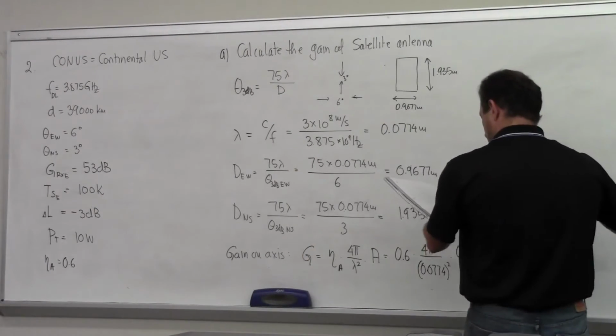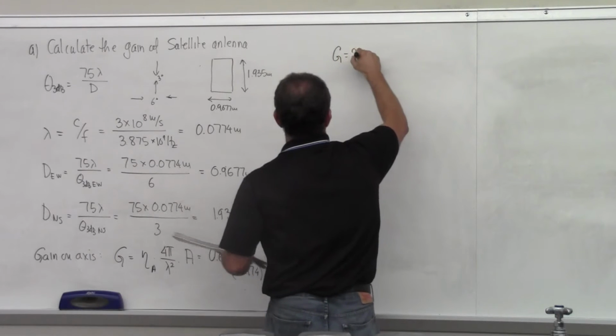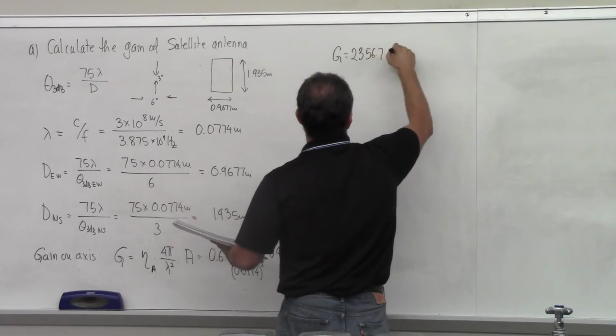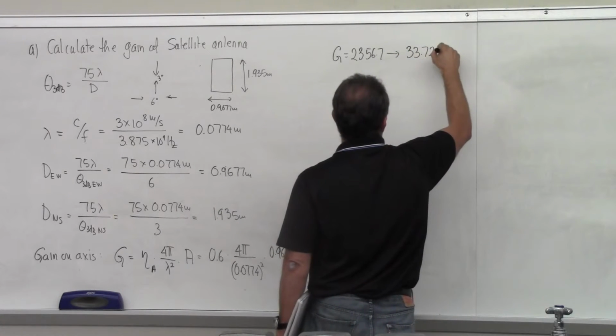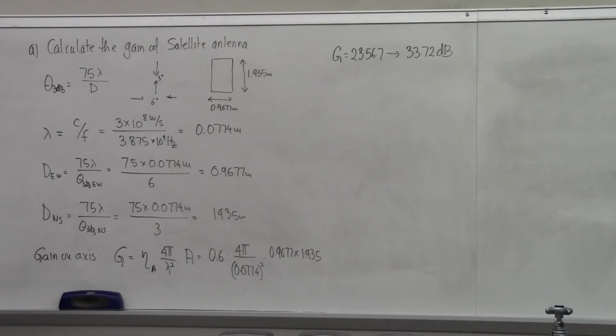When you calculate the gain here, this is 2,356.7, which is 33.72 dB. So that's the gain of the antenna on axis.